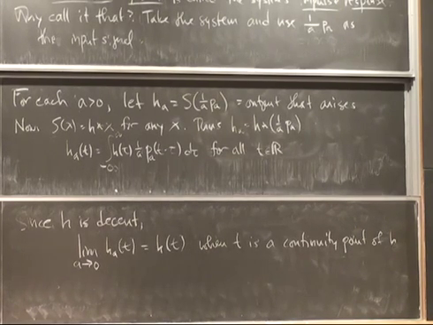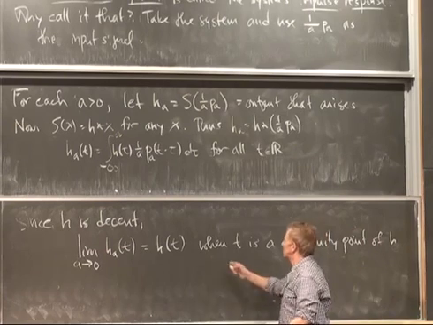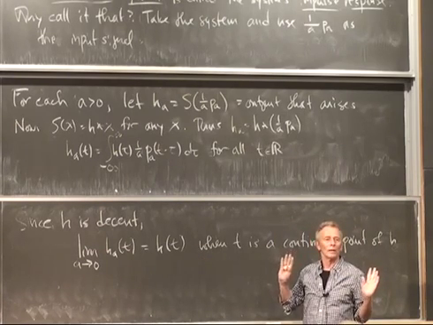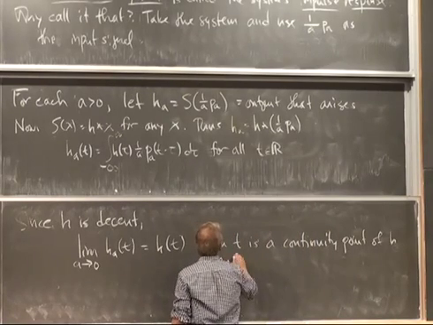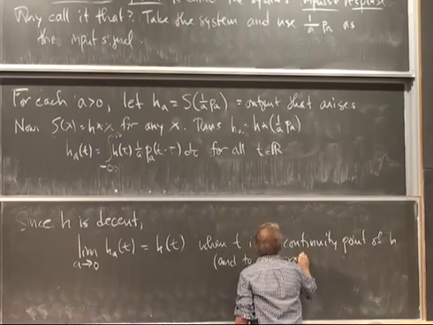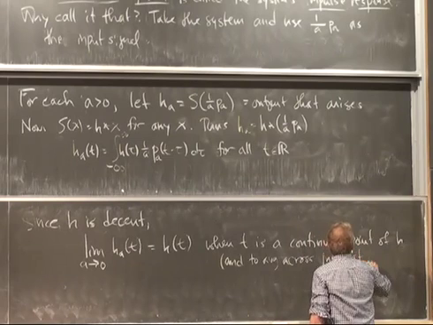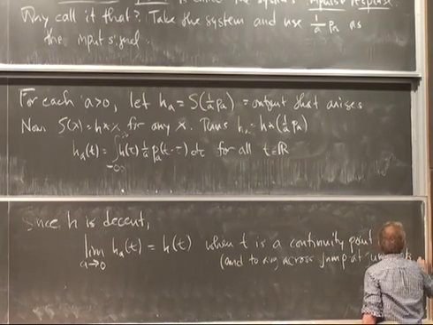Remember, because the value of any decent signal at its jumps, you can assign it anything you want, it's never going to matter. And it turns out that it converges to the average value across the jump when t is a jump point. But we don't care.